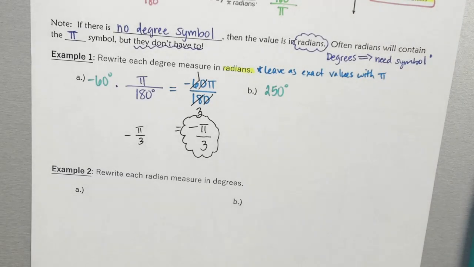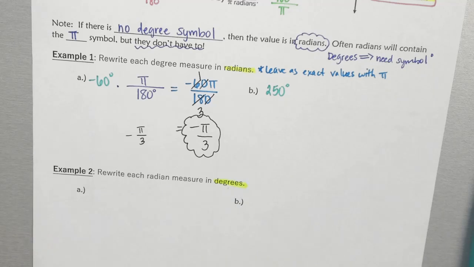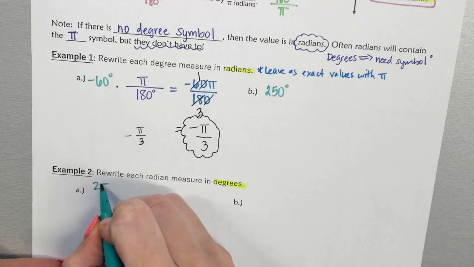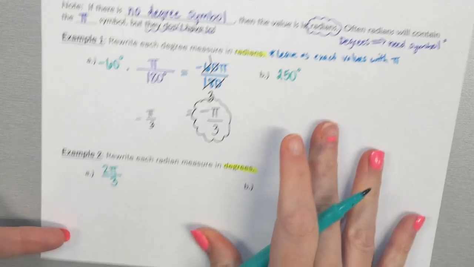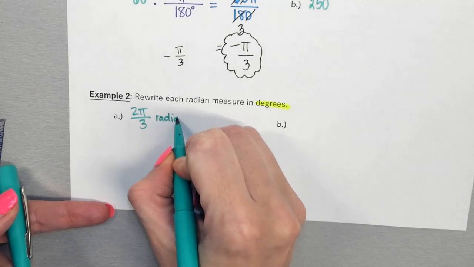All right, now we're going to go the reverse way. So we're going to write each radian measure in degrees. So your final answer needs to have the degree symbol. Again, sometimes they would just write 2 pi over 3, or they'll write 2 pi over 3 radians.